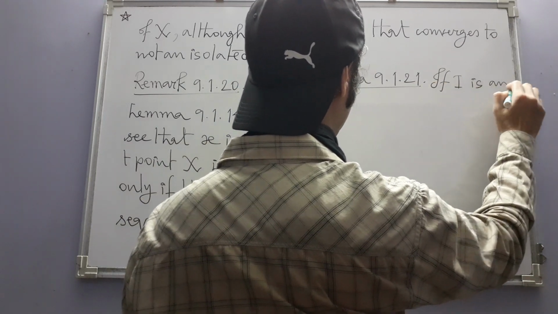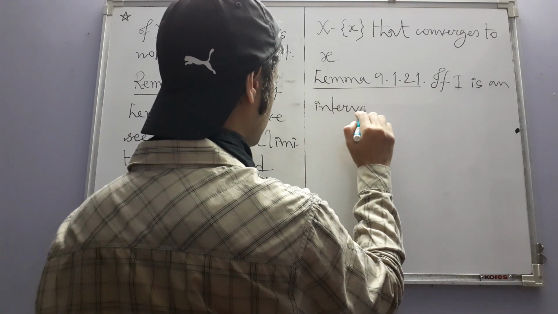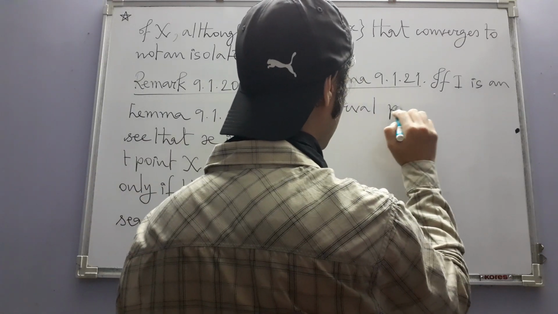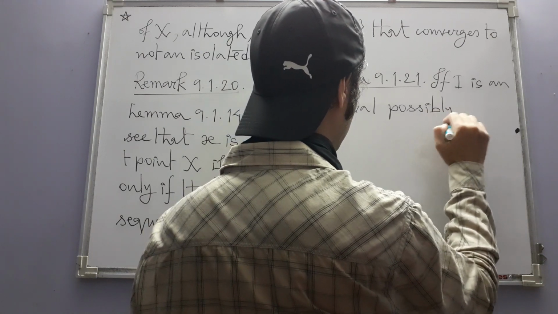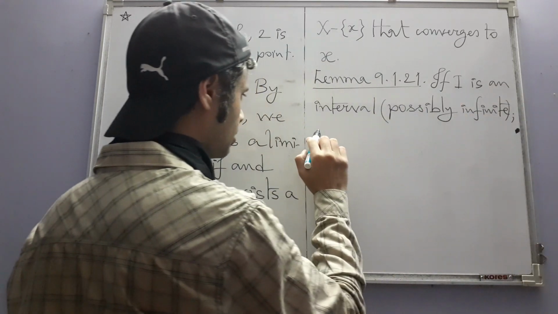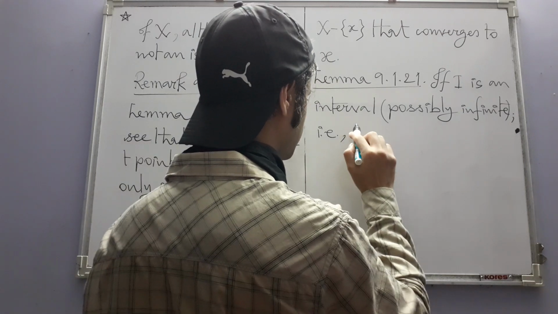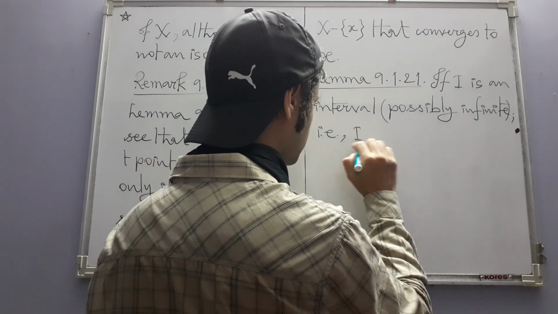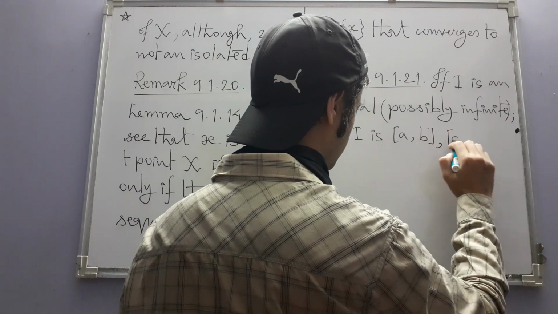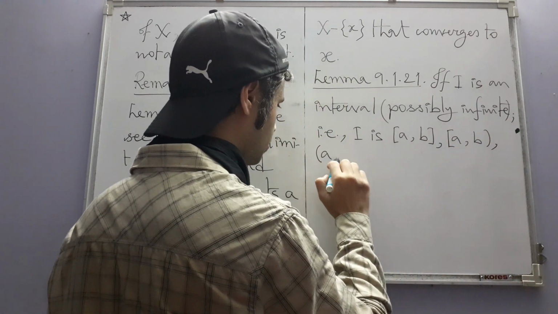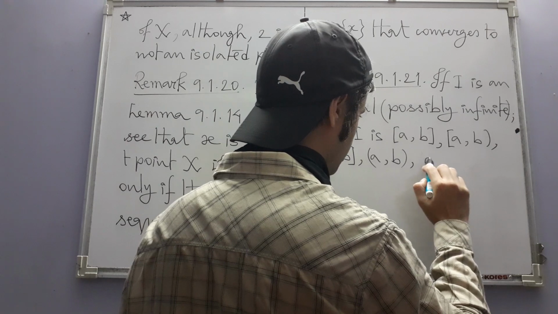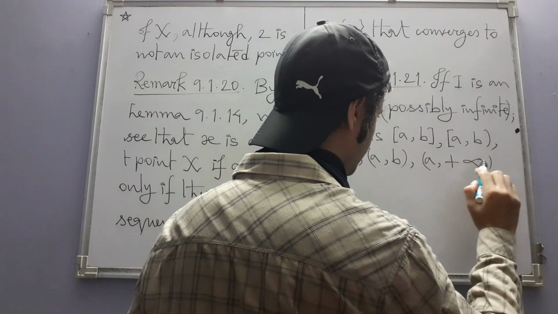If I is an interval in R, possibly infinite, i.e., well, there was no need to write, but the author has written I is this or this or this or this, or an infinite interval like this.